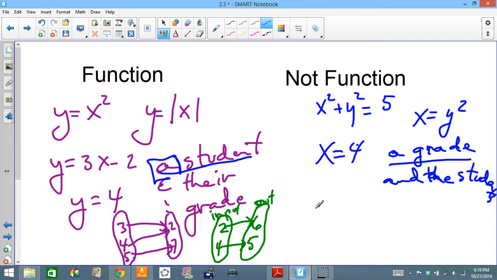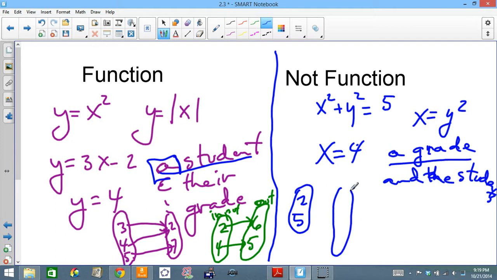And so let's look at another one here. These are not functions now. Remember, these are not functions. Okay, watch. 2 and 5, and over here we have 3, 6, and 8.